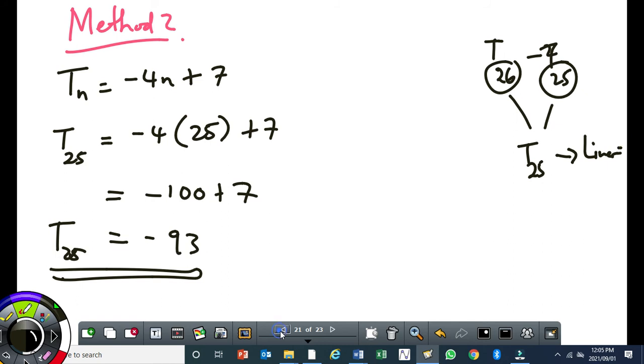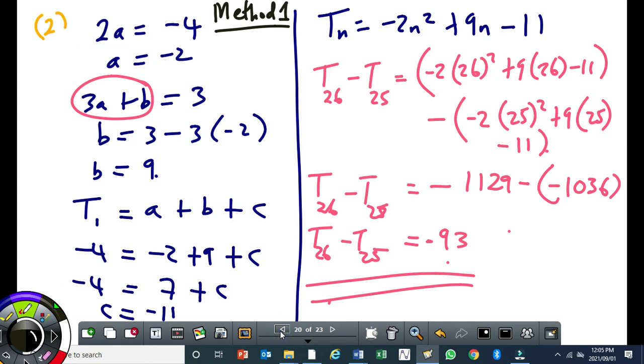I hope all of you are aware that minus 1036 is greater than minus 1129. So this one is greater, this one is less. Sometimes you have a bigger value here, and here a smaller value.